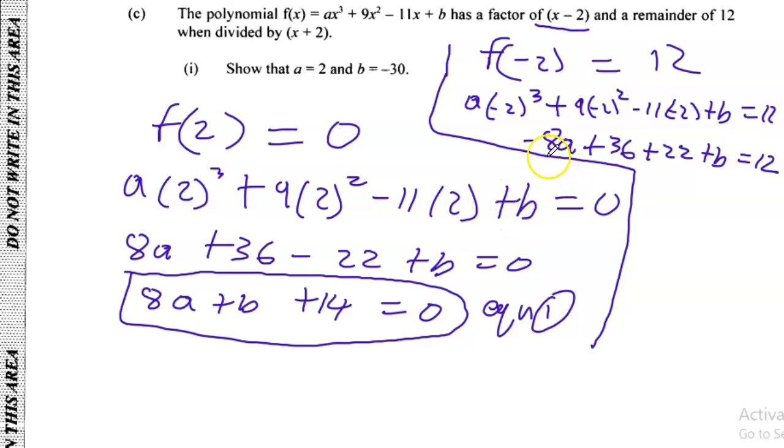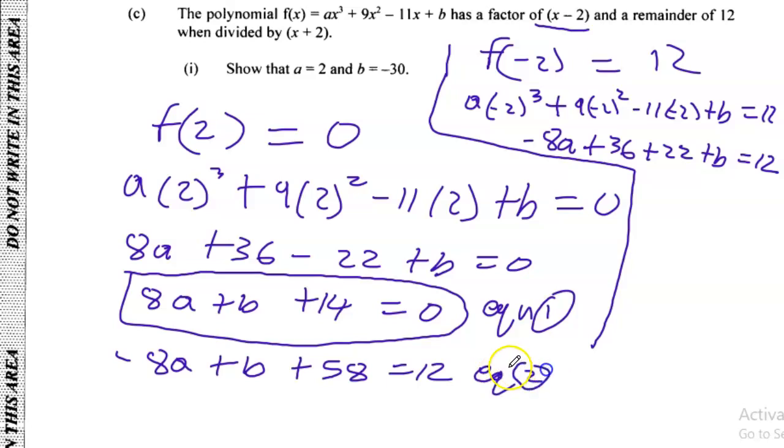So minus 8a plus b, and then 36 plus 22, that's what? 58, is equal to 12. And I'll just label this as equation 2.